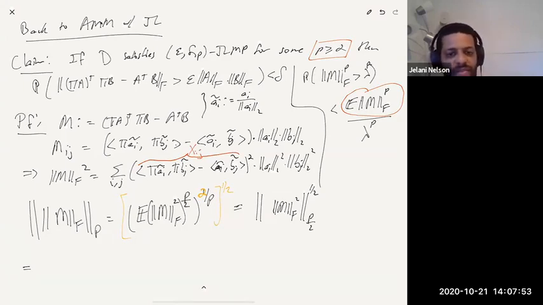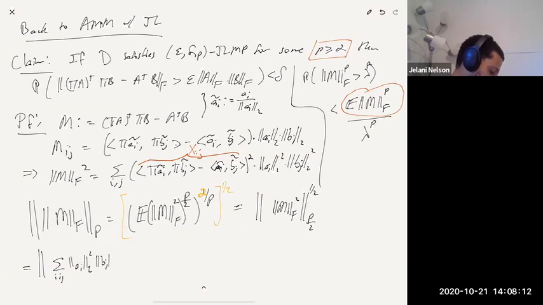That's a random variable, defined without the square. So I can write the Frobenius norm squared as the sum over all ij of the L2 norm of ai squared, the L2 norm of bj squared, xij squared, in the p over 2 norm, to the 1/2.